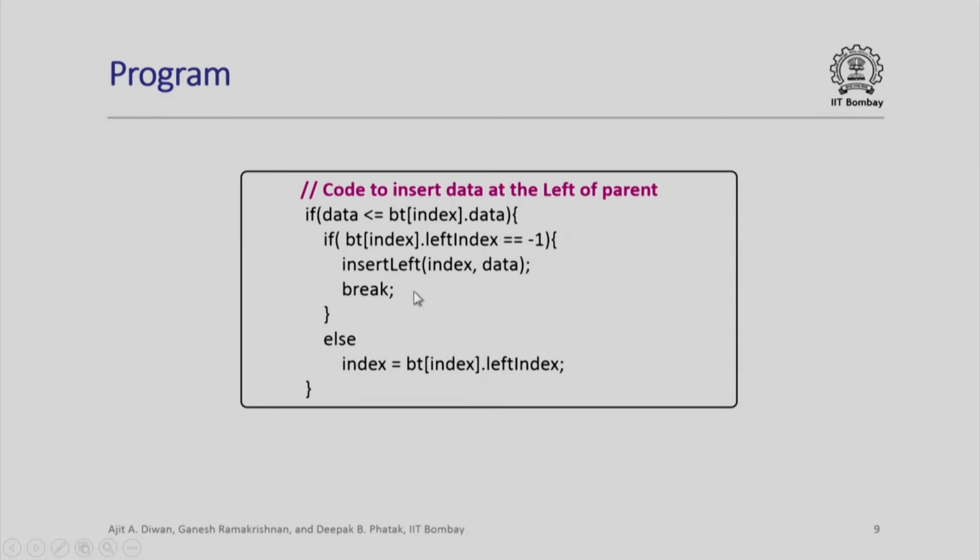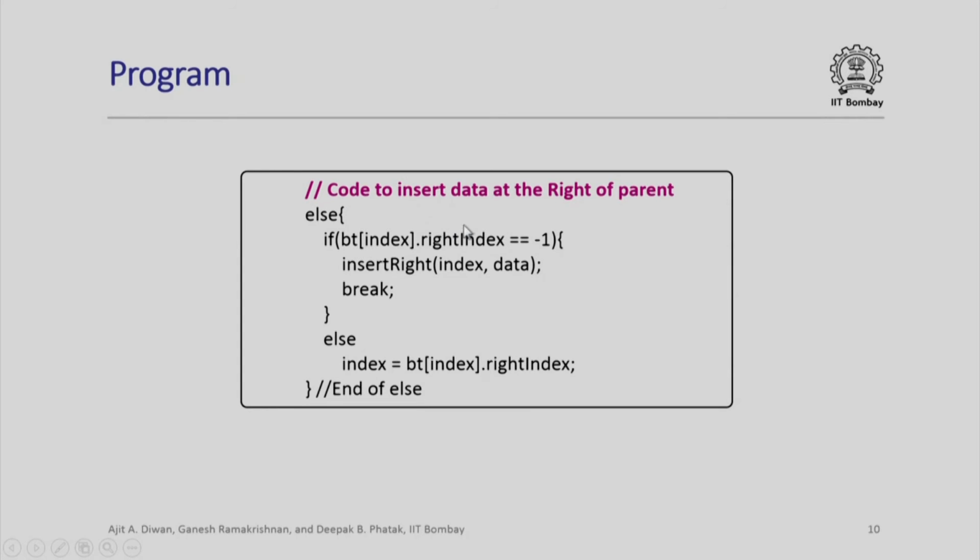At that point, we invoke the function insert left with this data. If not, then we set index to the left index and again start going back doing exactly the same thing, and that is because we need to traverse the tree till we find a proper place to insert the new data element.